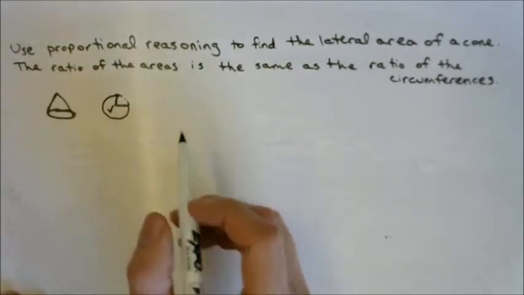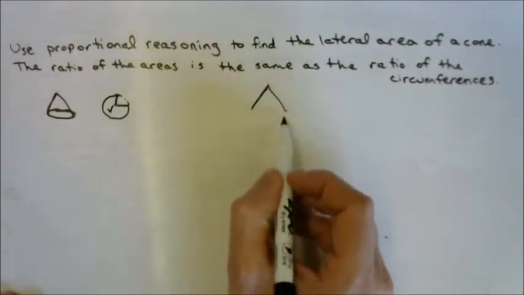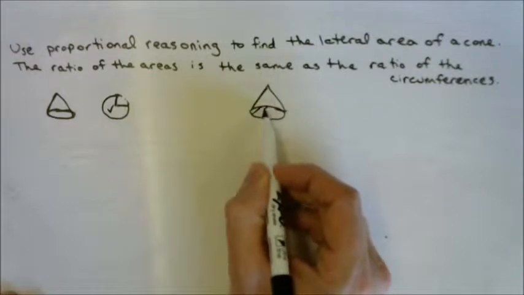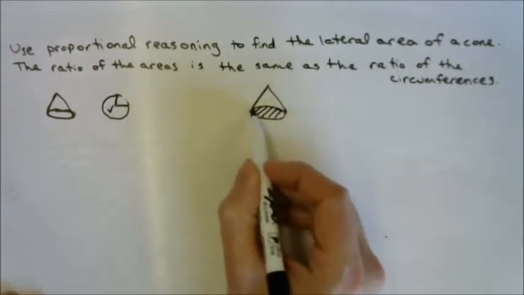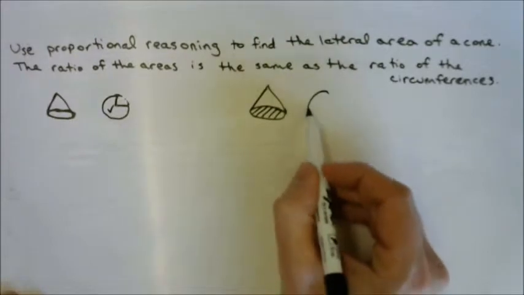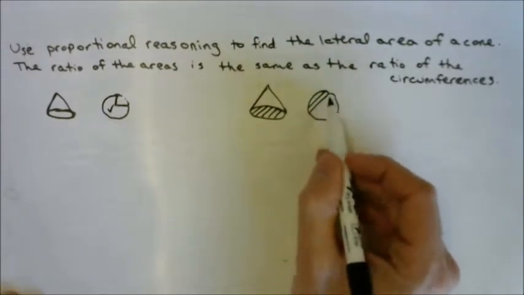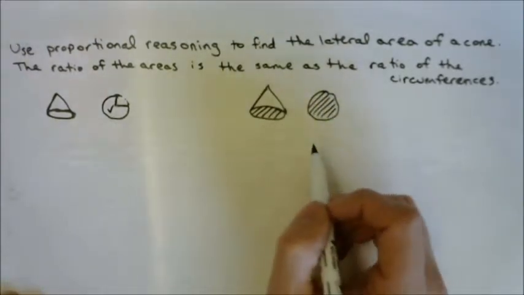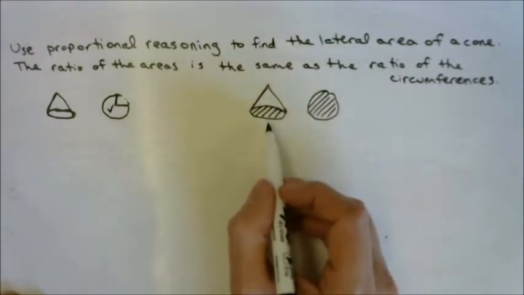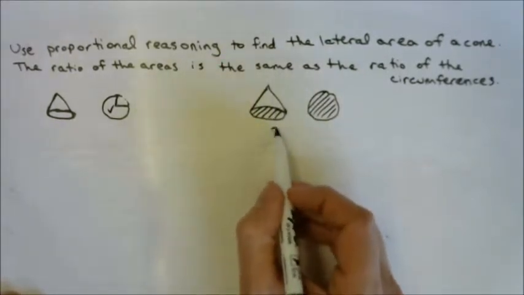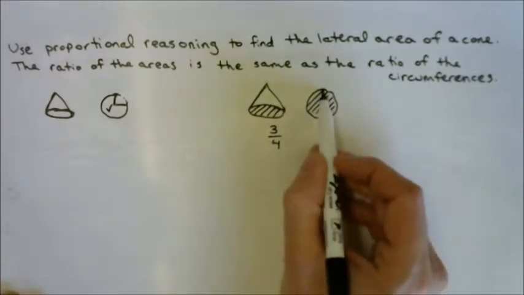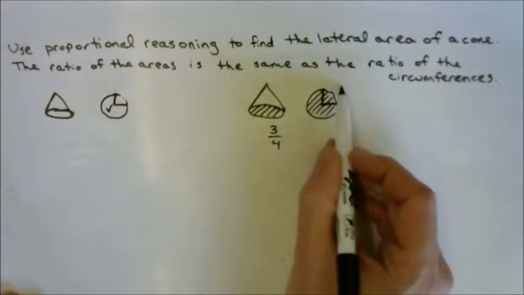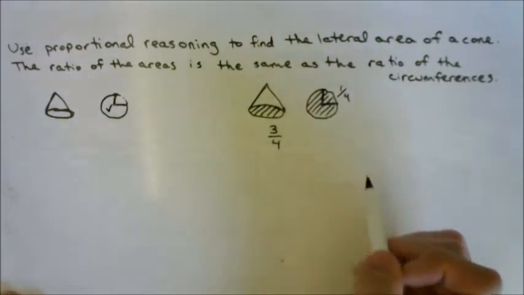The same is true of the area of the base of the cone, which is just the surface area of that circle that forms the base of the cone, and the area of the original circle. In your example, the area of the base of the cone will be 3/4 the area of the original circle because you cut out 1/4 of it. Now that seems pretty obvious.